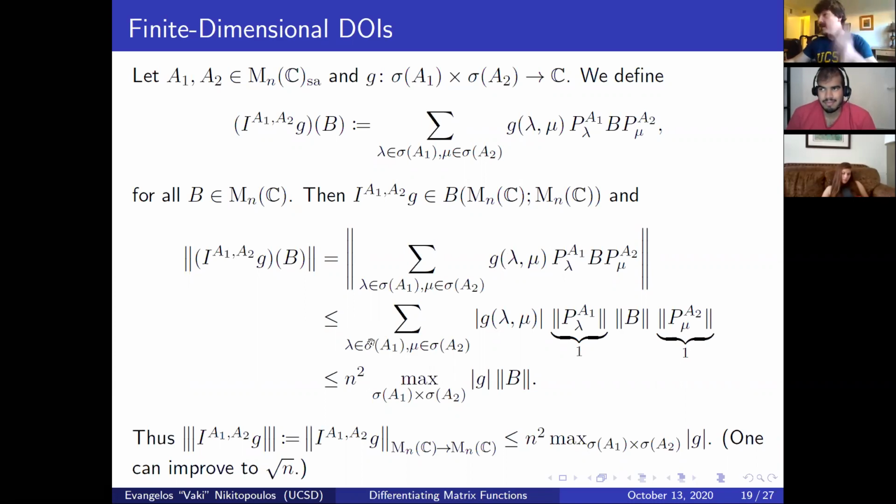But the place you really save from n to square root of n is if you compute the Hilbert-Schmidt norm of this matrix. If you just literally keep identities until you can't anymore, you get a square root of n. Okay, cool, thanks. Yeah, you have to pick smart bases to do this calculation. It's a little bit of a pain, but it's the best you can do.